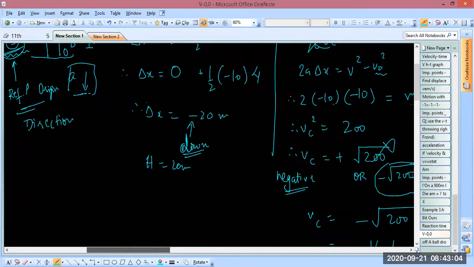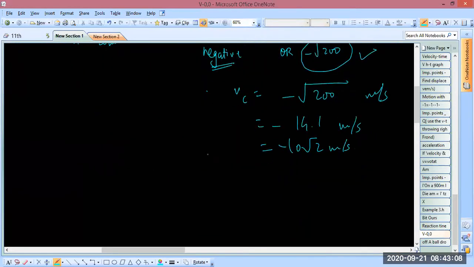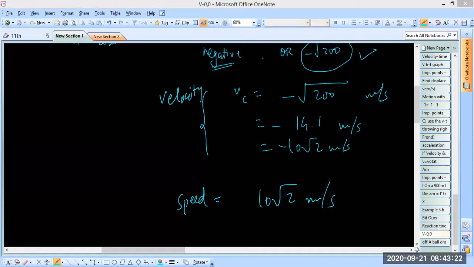Even if this is the velocity, what will be the speed? The speed will still be 10 root 2 meter per second, or 14.1. Yes, modulus of velocity. Magnitude of velocity.